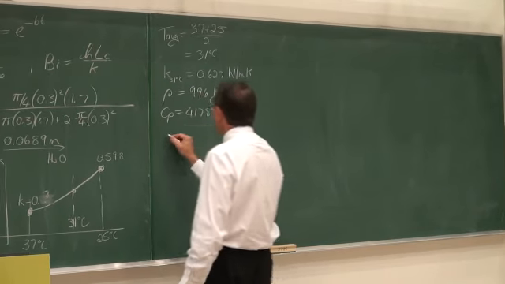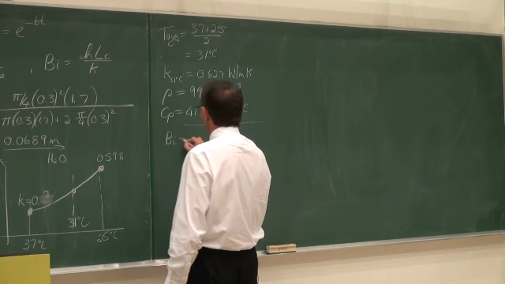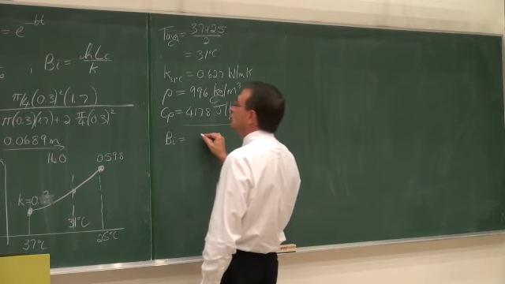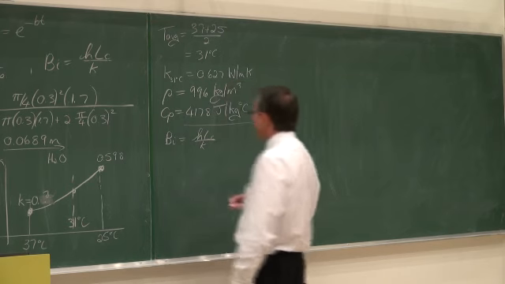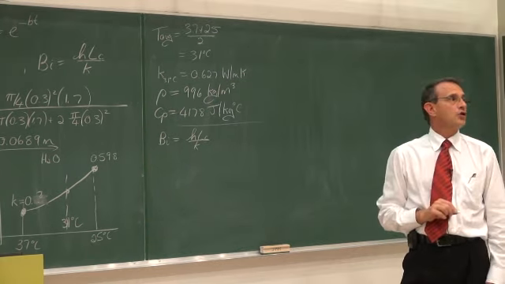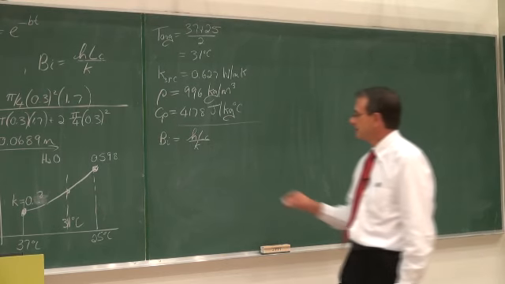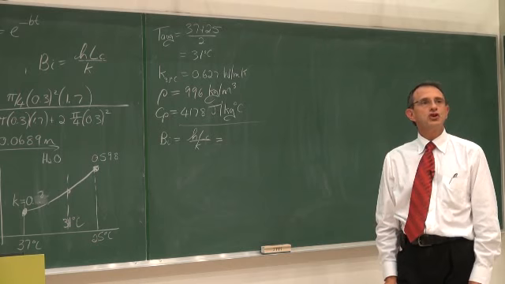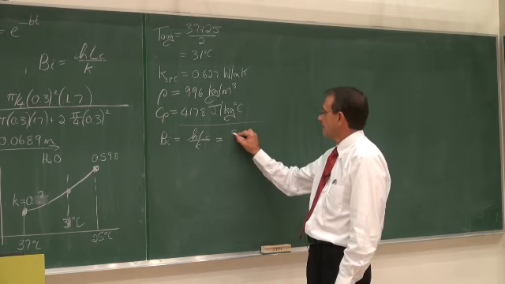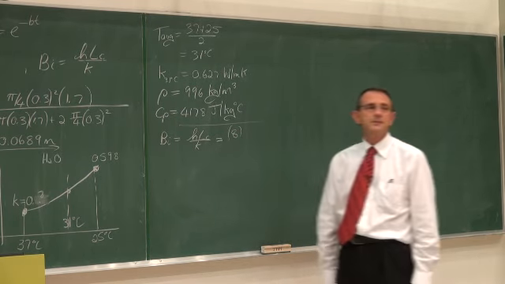And now we can go and calculate the Biot number. The Biot number is equal to the heat transfer coefficient multiplied by the length scale divided by the thermal conductivity k. The heat transfer coefficient is equal to 8.